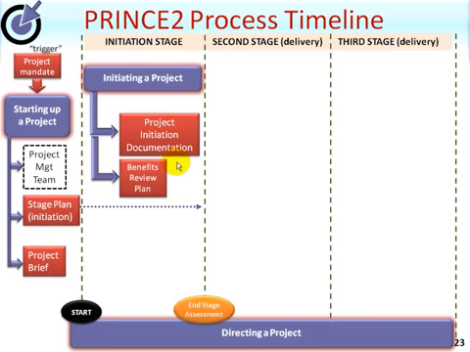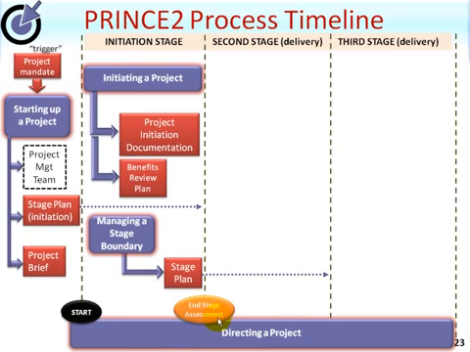All of this information is brought together, ready for the first end stage assessment, where the project board's responsibility will be to make a decision on what to do next. However, to enable them to make that decision, the process managing a stage boundary will be used to create, amongst other things, a stage plan for the stage after that.